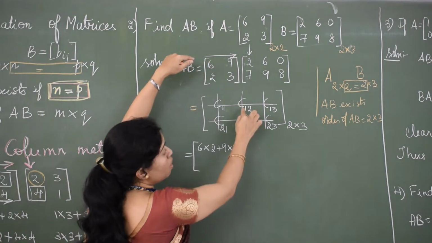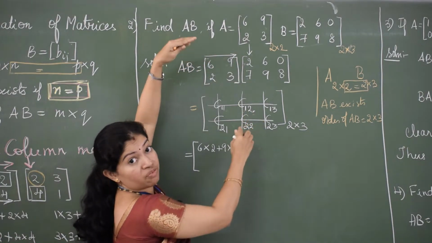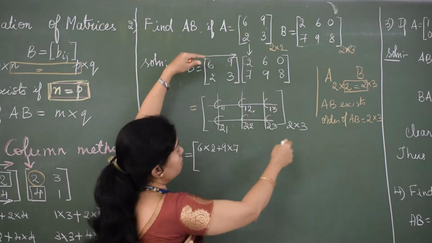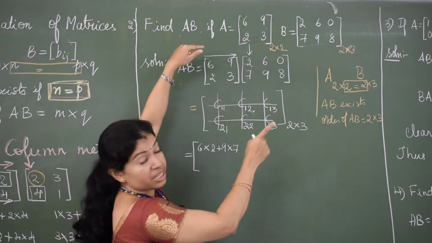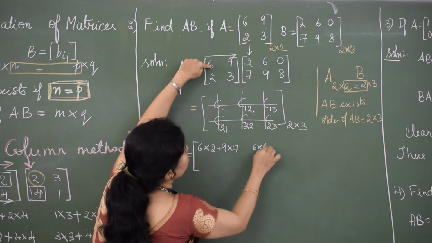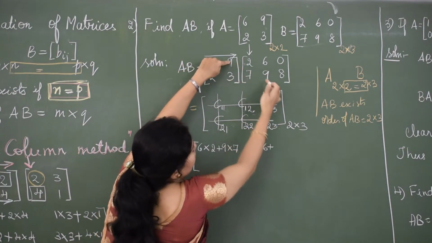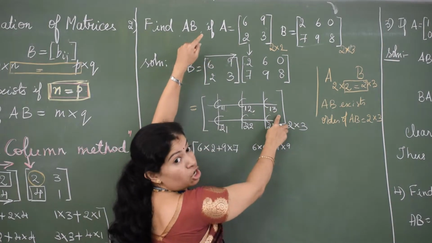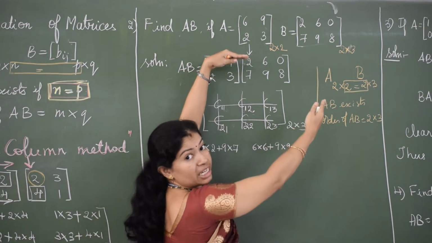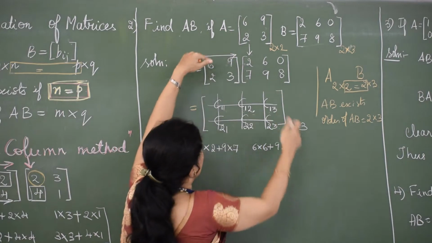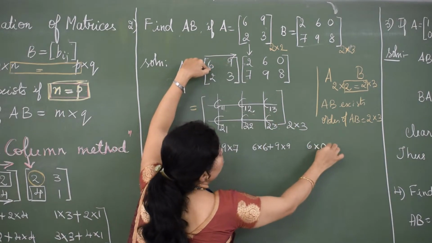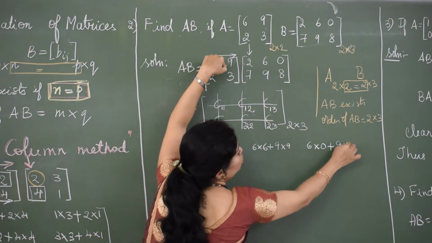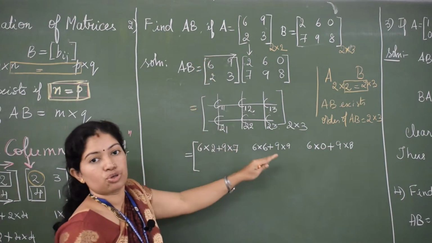Next this one, 1, 2. That means first row with the second column. Multiply the corresponding elements: 6 into 6 plus 9 into 9. Coming to this, first row, third column: 6 into 0 plus 9 into 8. Now the first row is over.